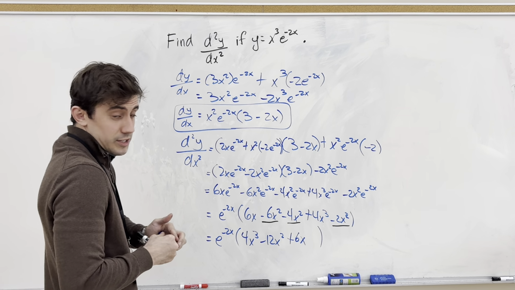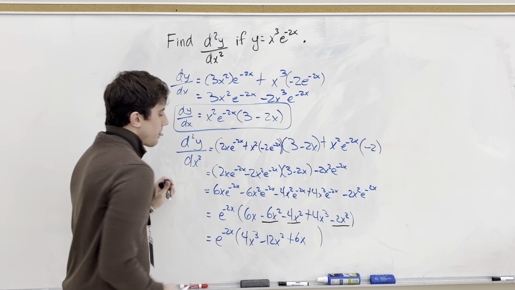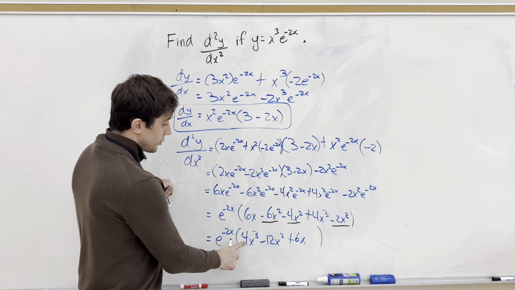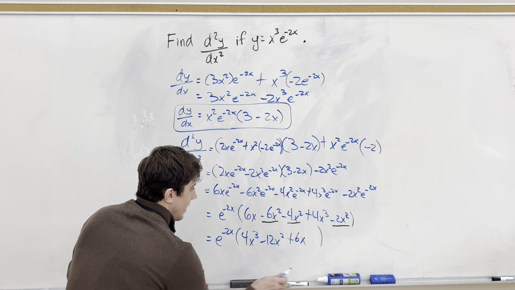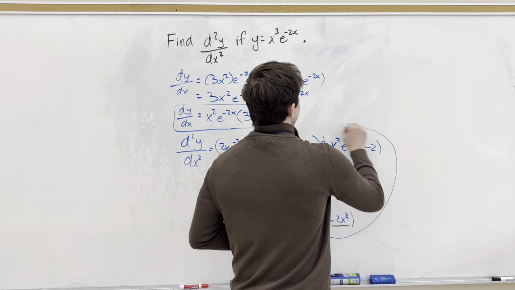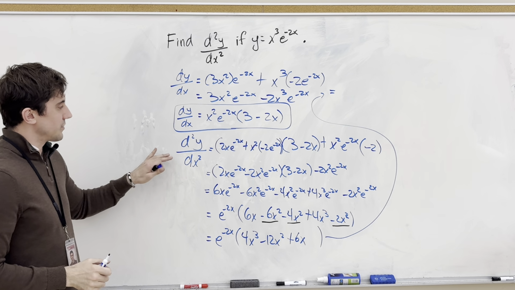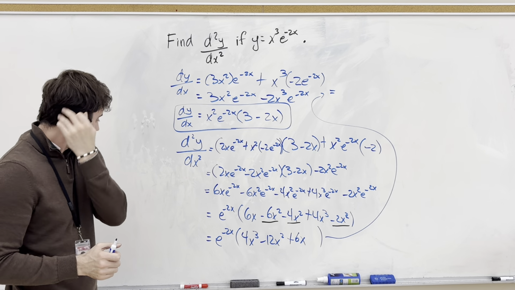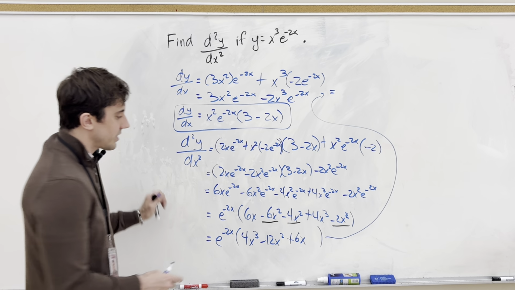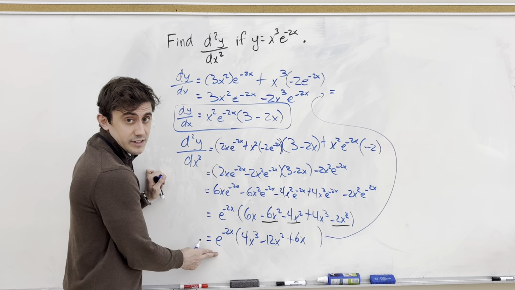And we should factor as much as we can. And so each of these three terms inside the brackets has a factor of 2x. And so we should really factor that out. Maybe I'll bring this up top to have a little more space. So our simplified expression for the second derivative of y with respect to x is going to be, again, we'll factor out 2x from each of the three terms inside the brackets and factor it out at the front of the entire equation.